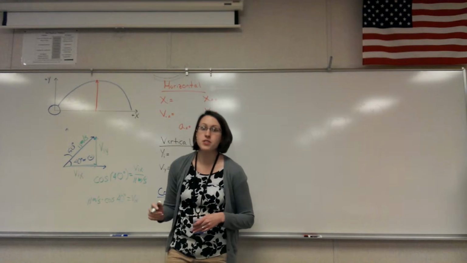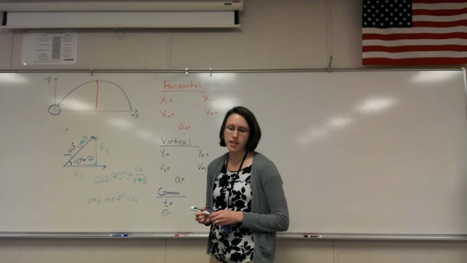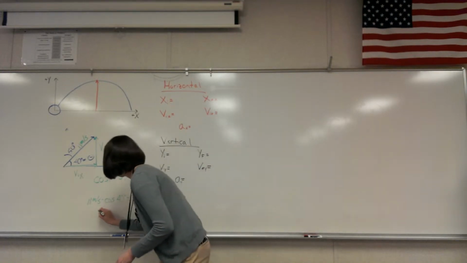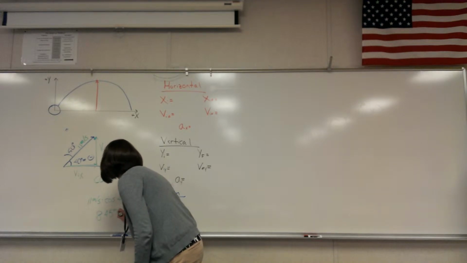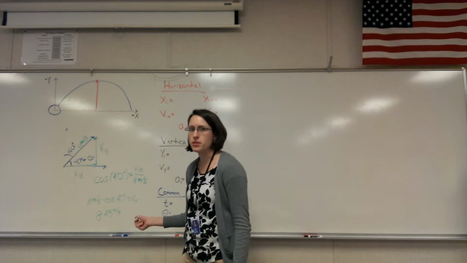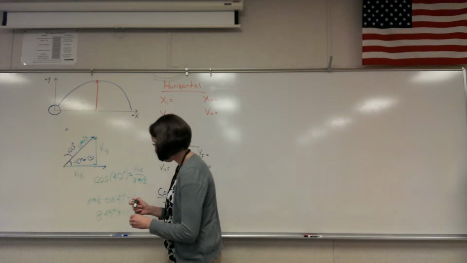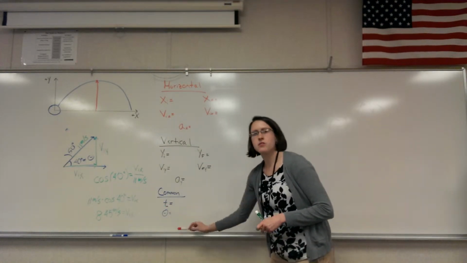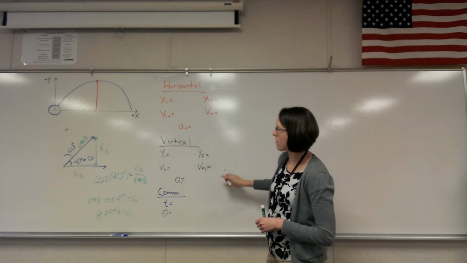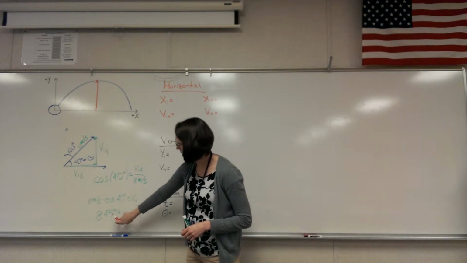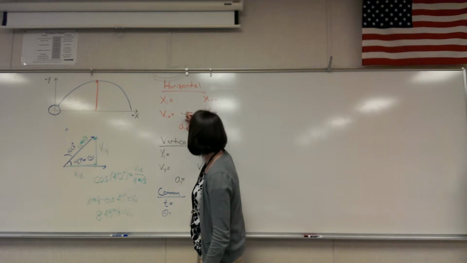Make sure your calculator is in degrees mode, not radians, and you can solve this for velocity initial in the x direction. I got 8.45 meters per second. We can also fill this value in over on our table. So I've written down all of our variables. We can plug in 8.45 meters per second for our velocity initial in the horizontal direction.